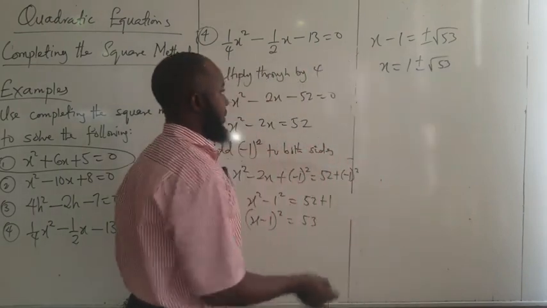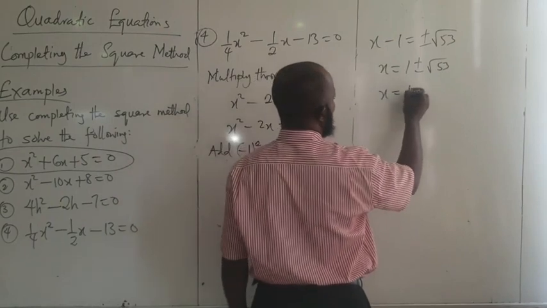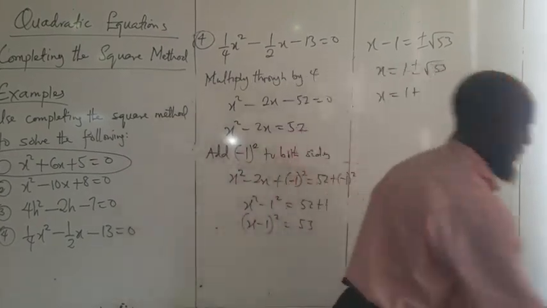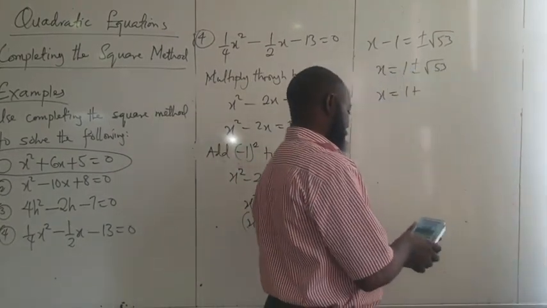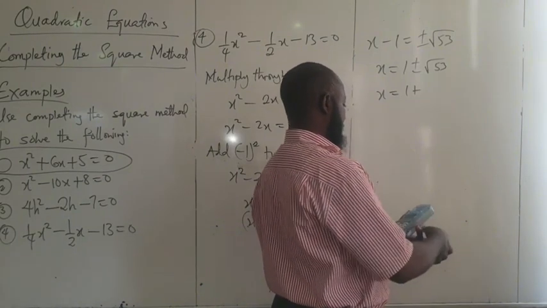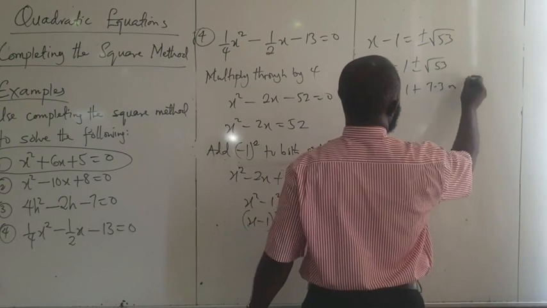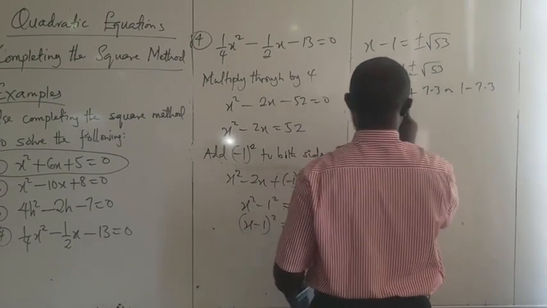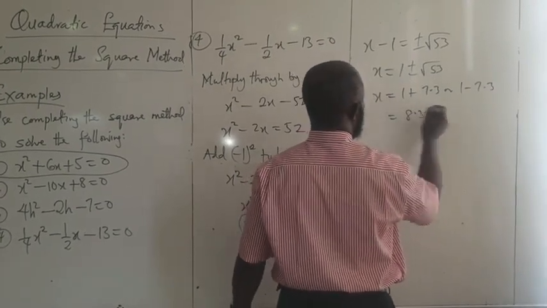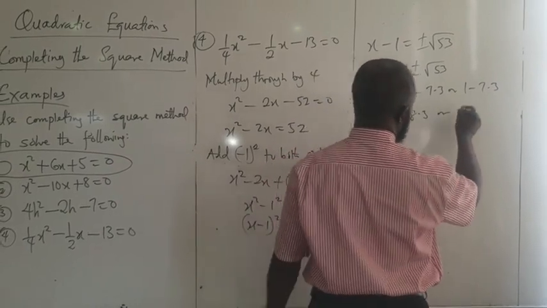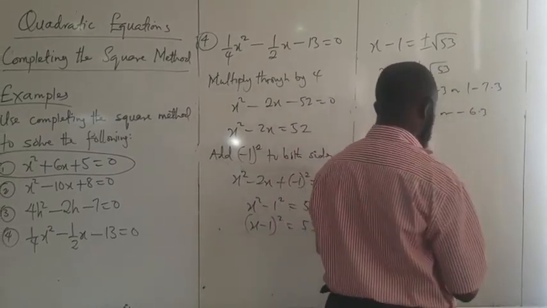It's so simple, right? So x equals 1 plus square root of 53. Square root of 53 equals 7.3, so 1 plus or minus 7.3, so we have 8.3 or minus 6.3.